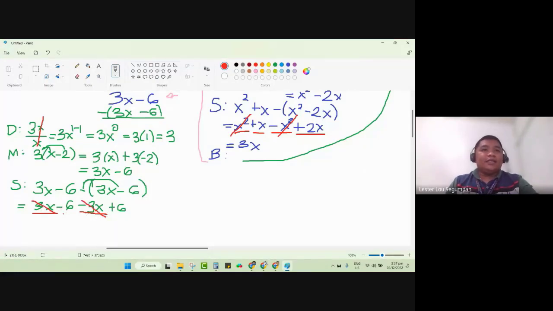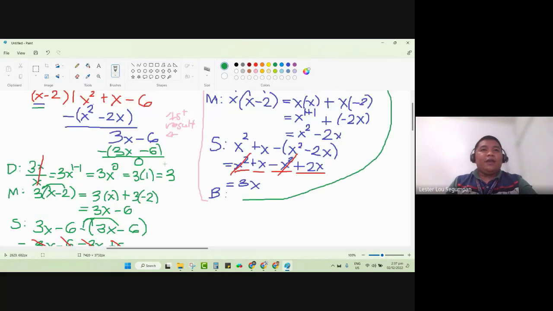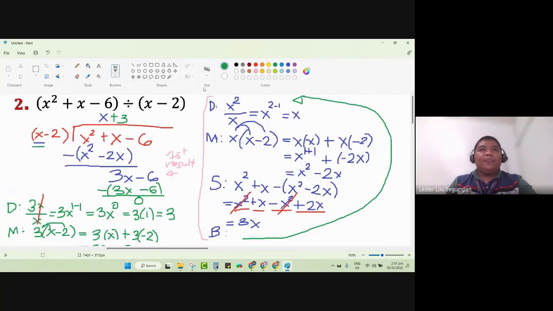Negative 6 plus 6 will also be equal to 0. So the final answer is 0. So we have this expression here equal to 0. And since we don't have any other terms to be brought down, this is our final answer.